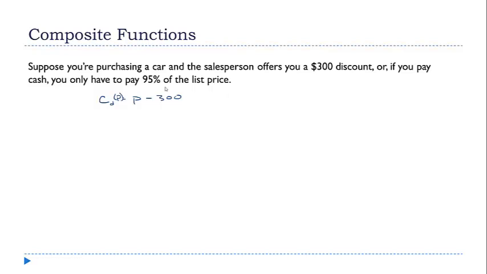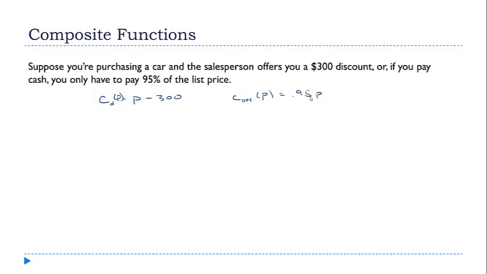Then on the other hand, let's look at the other option, the cost as a percentage of the price. Let's call this C of P, which is 0.95 P.